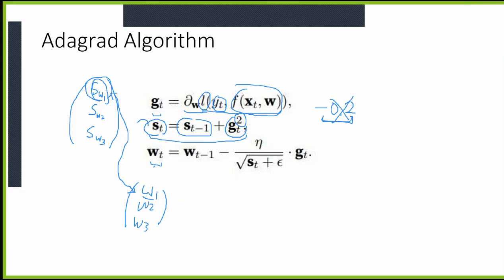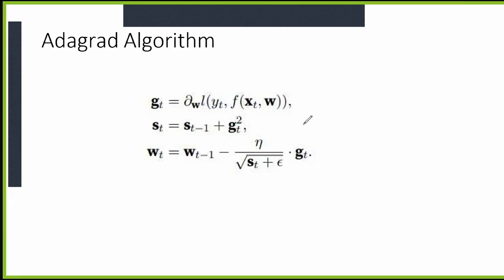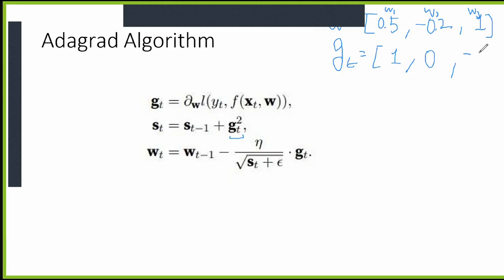Maybe it's worth going over a quick example by hand. Let's assume that our weight vector is 0.5 and 1, which corresponds to weight 1, weight 2, weight 3. The gradient at the current time step is 1, 0, and minus 0.2.